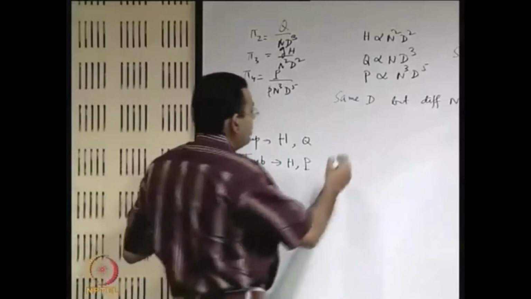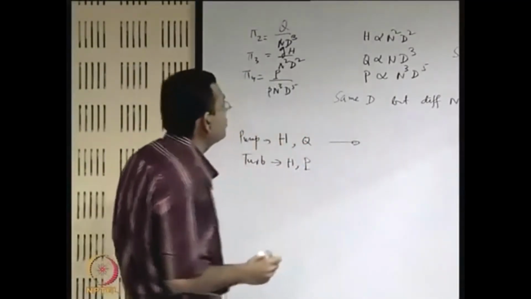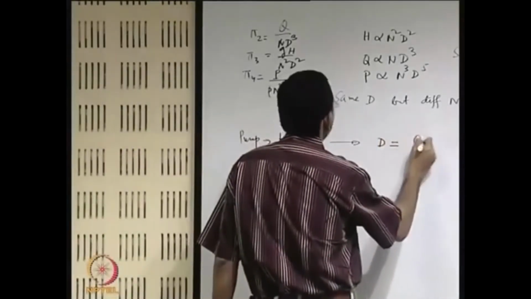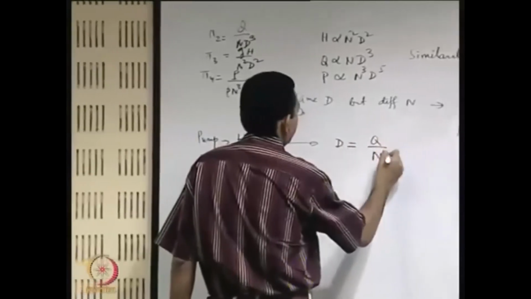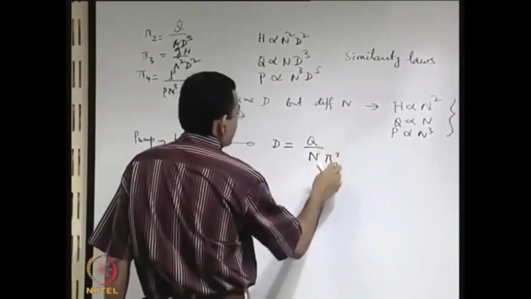So, for example, let us concentrate on the pump as an example, a centrifugal pump. You can write D as (Q by N pi 2) to the power of 1/3, right.